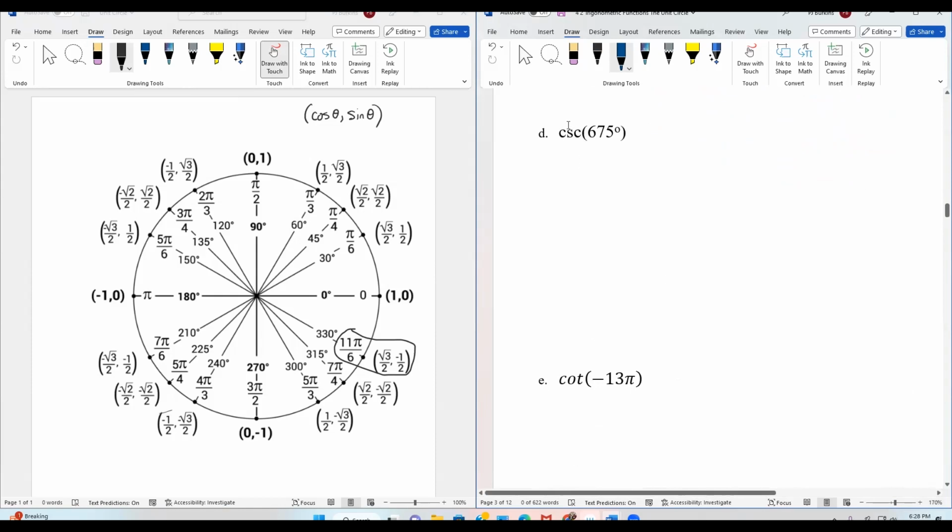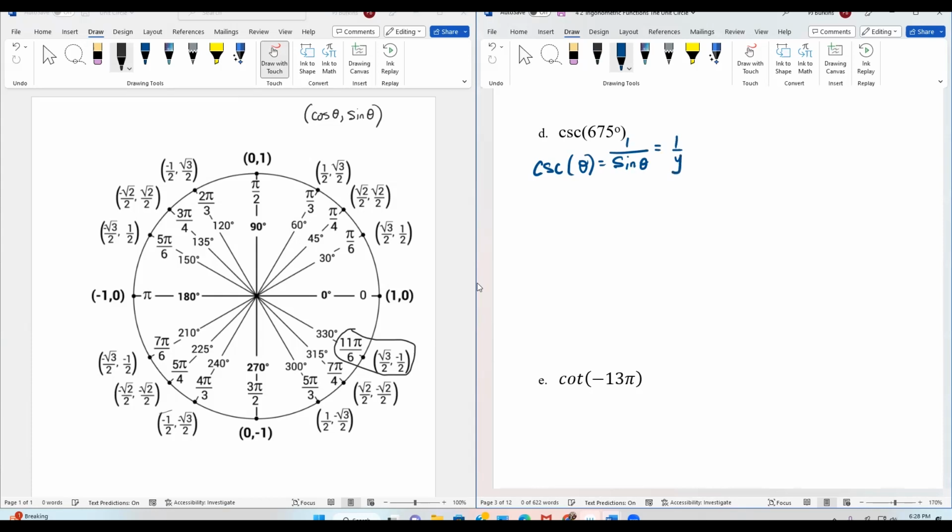All right, this one asks for the cosecant of 675. So cosecant, we have to know what does that equal. Well, cosecant is related to the sine. It's 1 over the sine. And we know that sine is equal to the y coordinate.